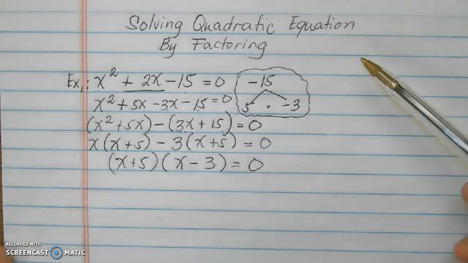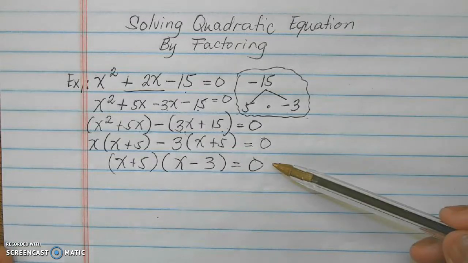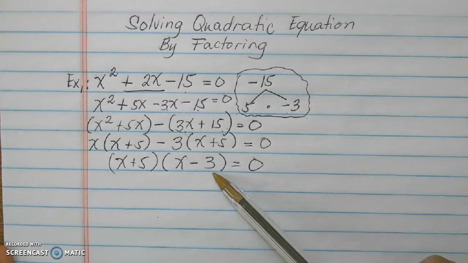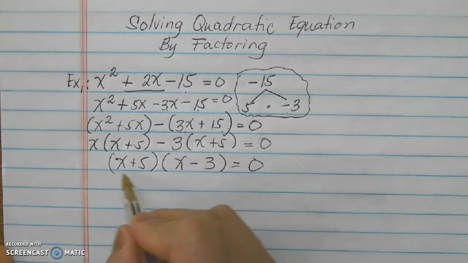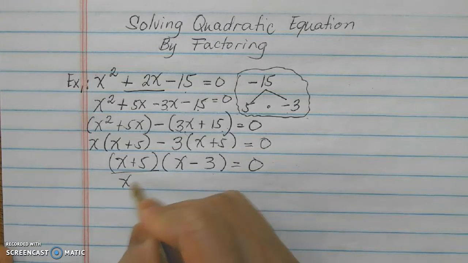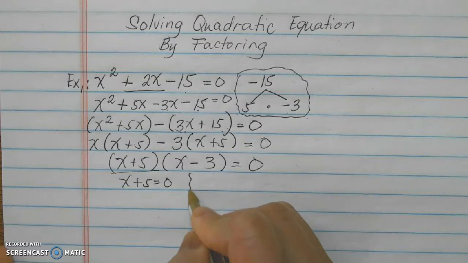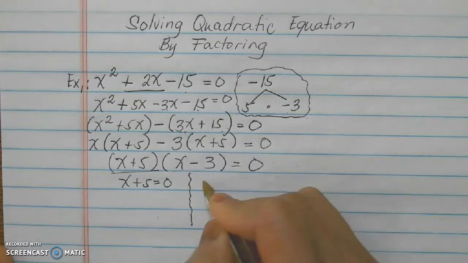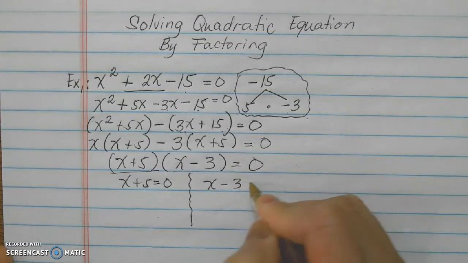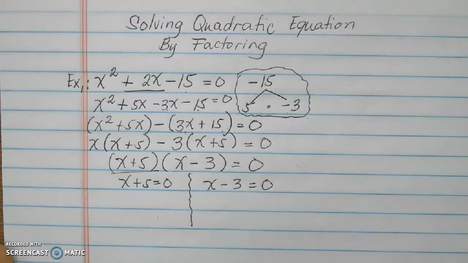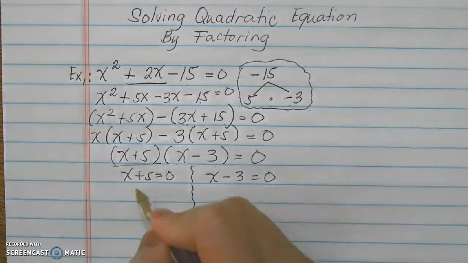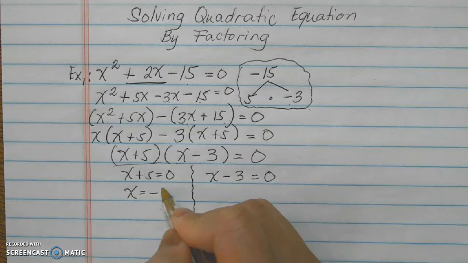See, in solving a quadratic equation, we're going to add another step to this. Solving means we're getting the x-intercepts. So therefore, we're going to get this and equate it to 0, and we're going to get this and equate it to 0. And then we're going to solve. So now, this is x equals negative 5.